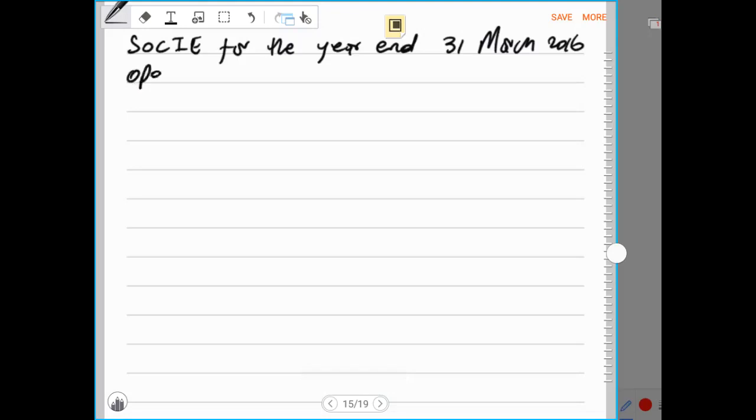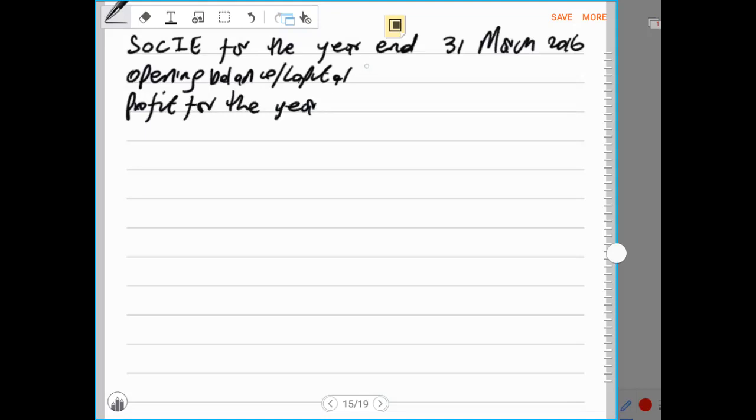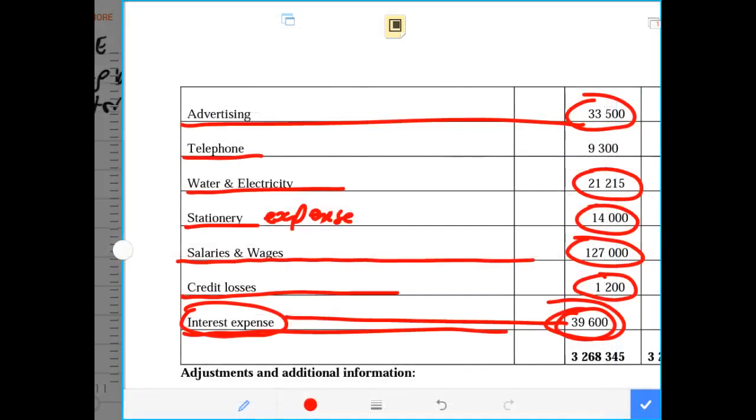This statement starts with the opening balance, which is the amount of the capital, or you can just say capital. Then after we record profit for the year. Profit for the year comes from the income statement, and our capital or opening balance definitely must be recorded already in the trial balance.